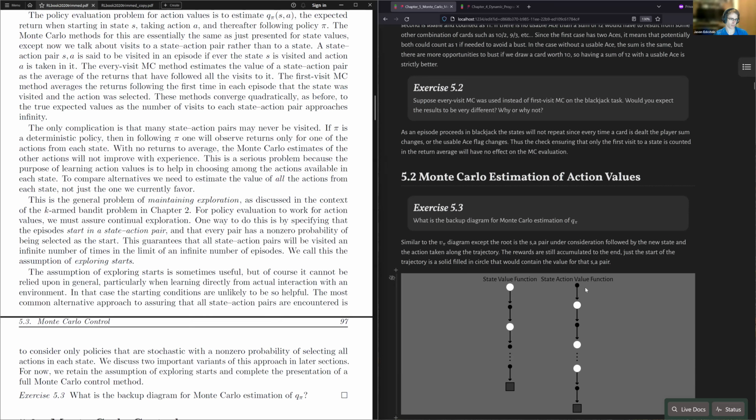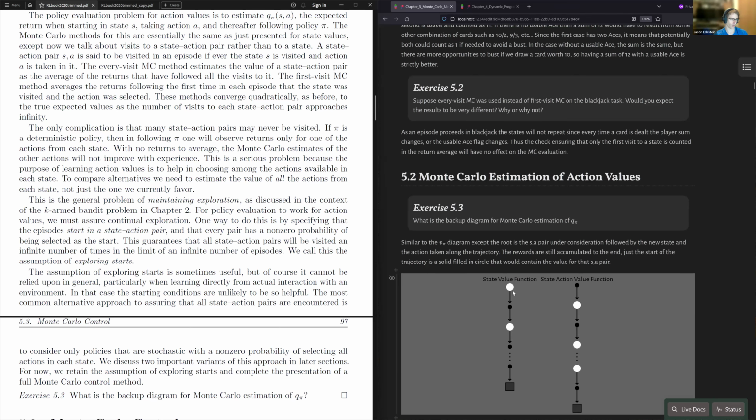It's just that the top of this marks the start of the episode, and we actually care about the initial action taken. From here until the end, we'll also use this estimate, and from here until the end.